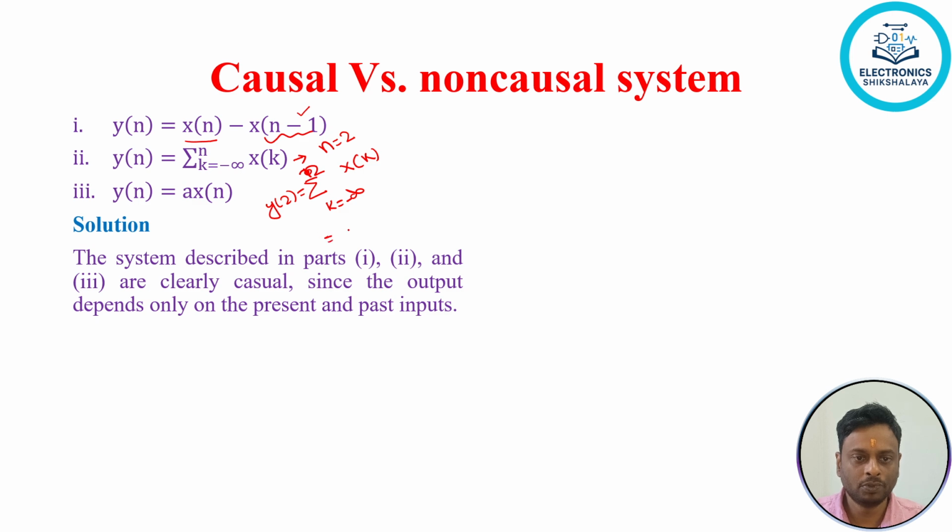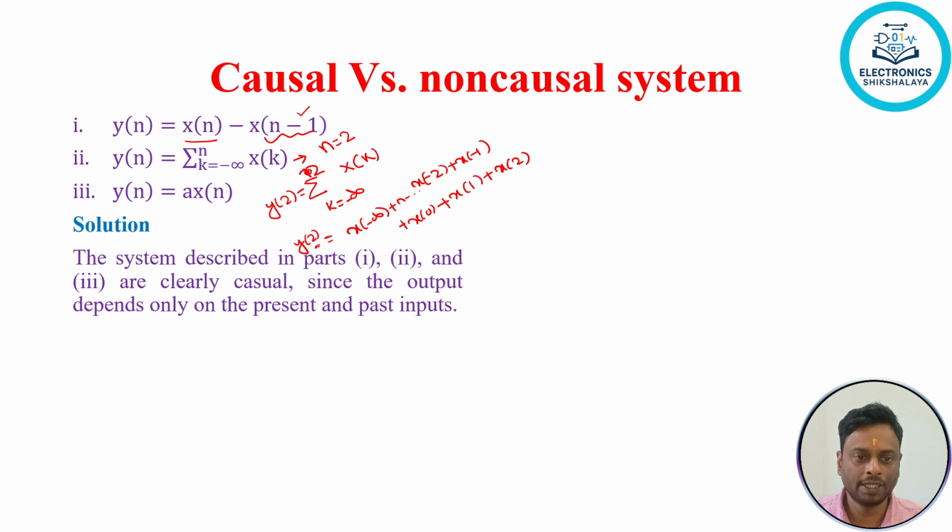So if we put in x of minus infinity and so on, it would be x of minus 2 plus x of minus 1 plus x of 0 plus x of 1 plus x of 2. So you can see this is our y of 2.